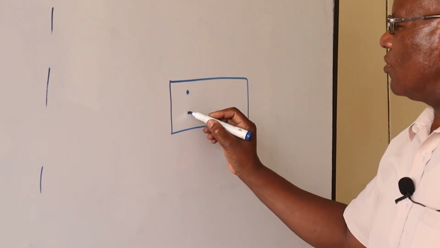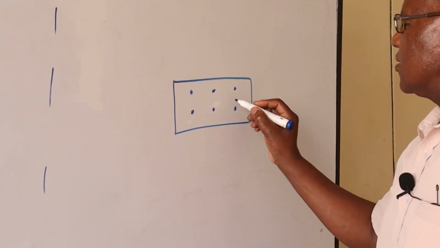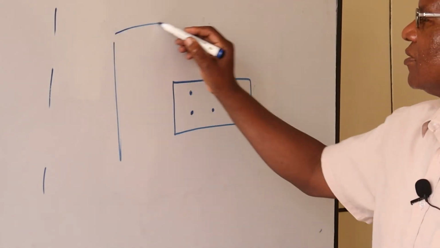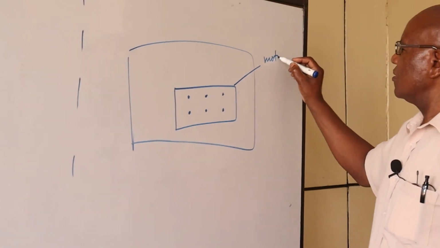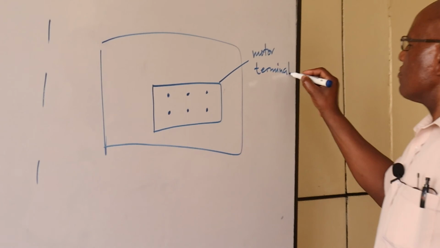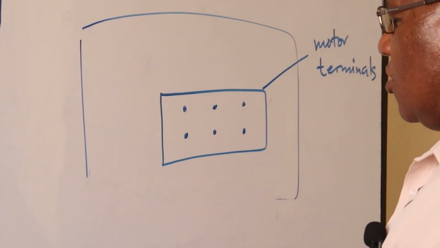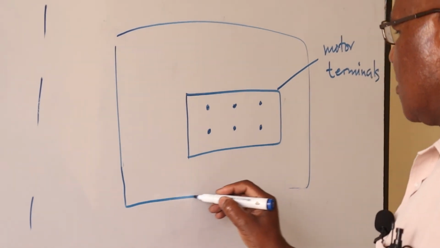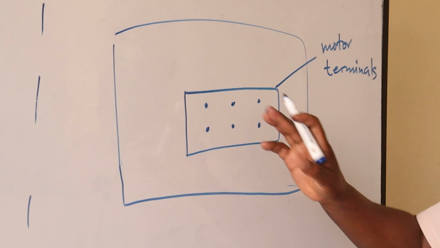In the terminal block, there will be 6 terminals like that one. Let's assume this whole thing is your motor. This one here is your motor terminals. In this case it is the cage rotor. That means these will be the terminations of your windings.